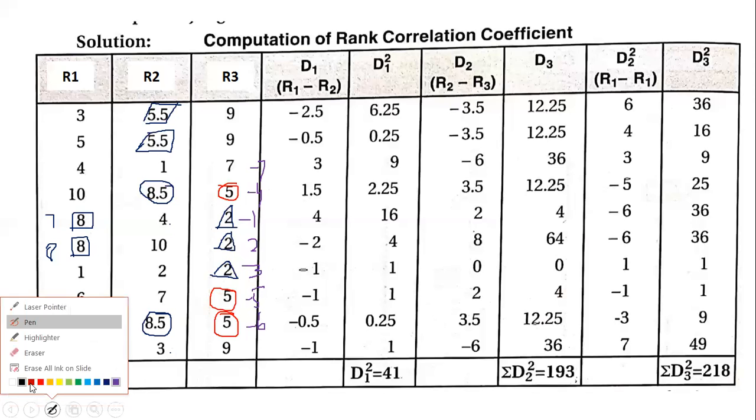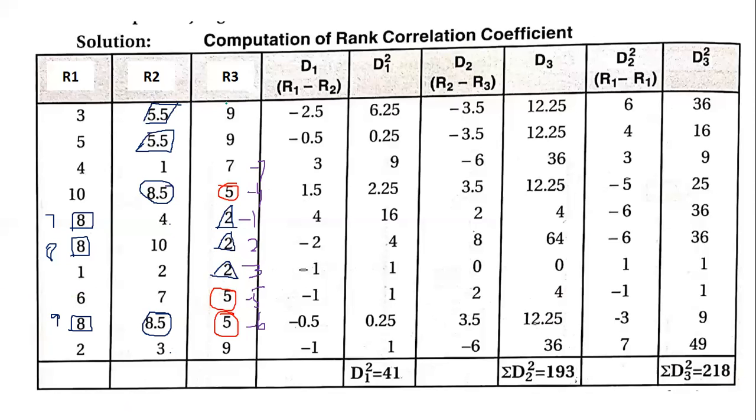I shall choose another color. So we have, what is the other shape left out? Okay, I'll put a rhombus. 9 is the other number. So how many numbers are repeated now?